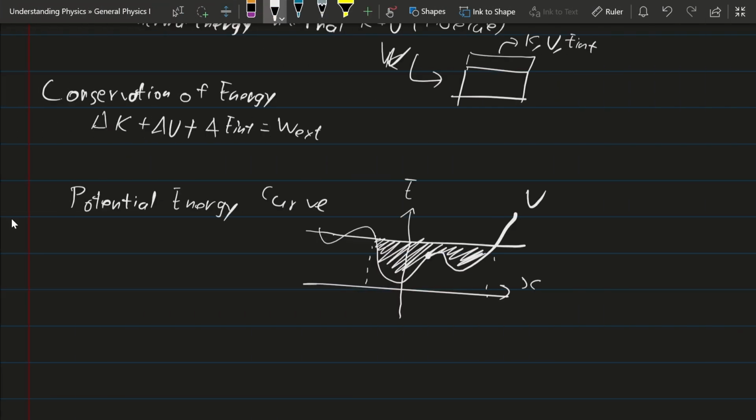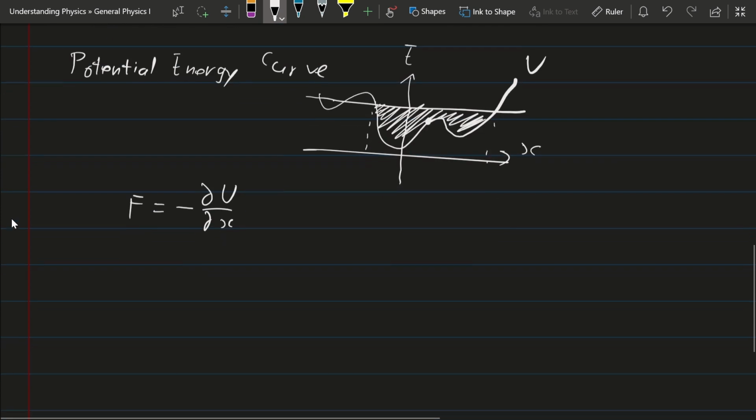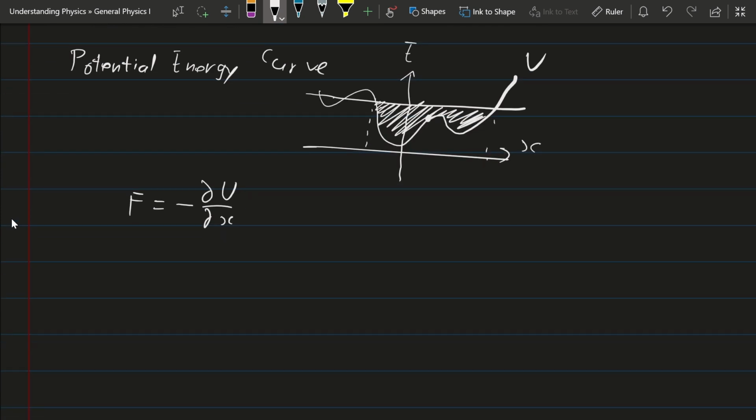So we want to talk about some other things that you could use in a potential energy curve, one of which is force. You could determine force to be the partial U over the partial x. So basically it is the derivative of U with respect to x. So how do you actually derive this? Well, the easiest way is to write this down as F dx equal to negative dU.